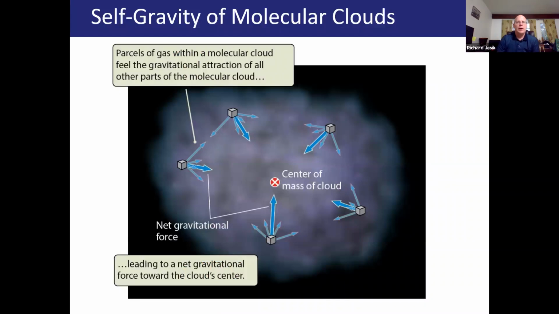So let's talk about that self-gravity. We talked about how asteroids aren't planets because they're not massive enough. Now they have some other things besides pressure that holds them up that we'll talk about next week. But if we have a cloud of dust and gas, why does it shrink? Why doesn't it pull equally on every side? And it does in the center.